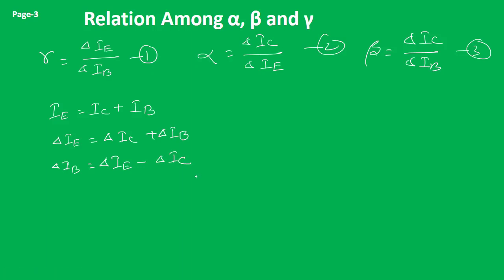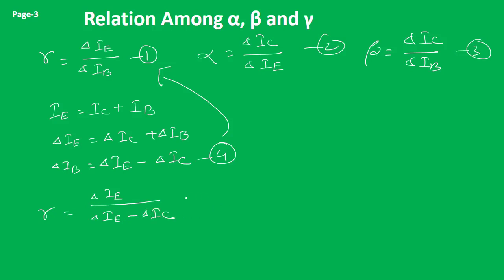Now if we substitute this delta IB in equation 1, so let us call it equation 4, then we can write gamma is equal to delta IE divided by delta IE minus delta IC.